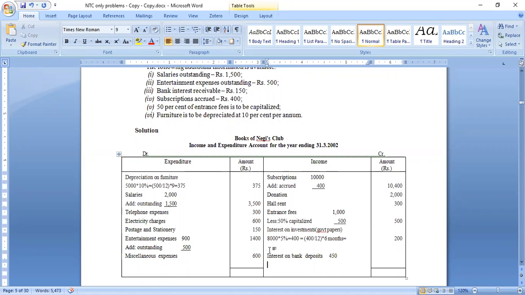I think we have an adjustment: bank interest receivable, add receivable 150. So it is 600. So comparatively, incomes are more. So it comes to 14,000.